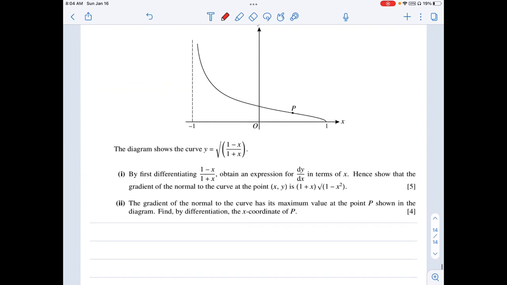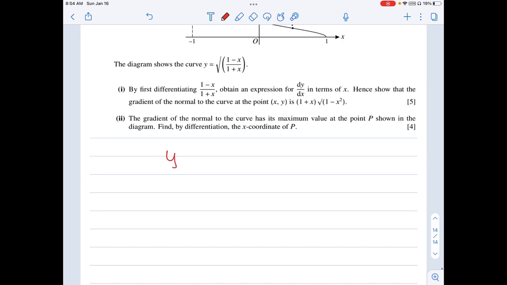Now finally question number 9. The diagram shows that y is equal to square root of 1 minus x by 1 plus x. By first differentiating 1 minus x by 1 plus x, obtain an expression for dy by dx in terms of x. So first y equal to 1 minus x upon 1 plus x.